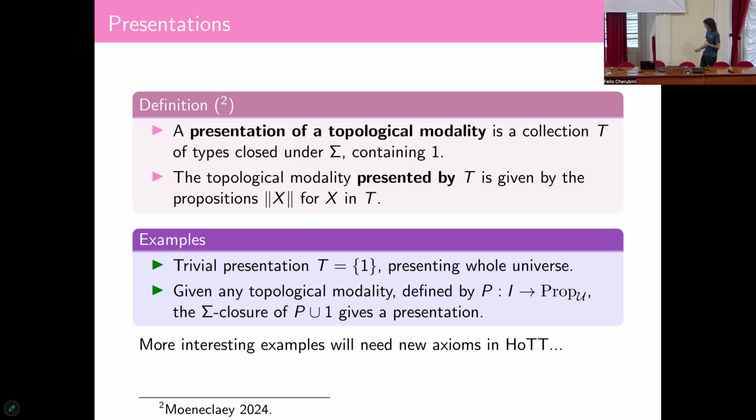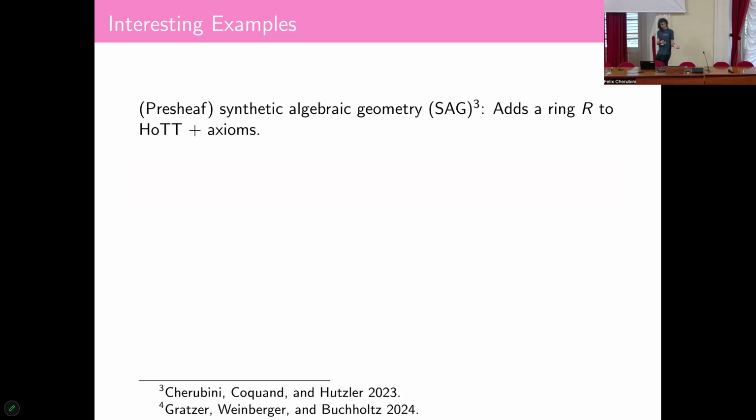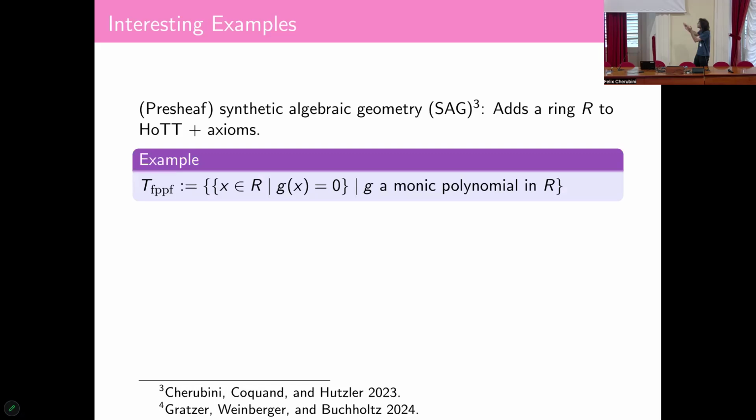Okay, the first example we've kind of seen already in synthetic algebraic geometry: a ring and some of the axioms that Ugo described. We can take a bunch of natural examples of these presentations. Last talk, we saw a slightly different one, but this is the collection of zero sets of monic polynomials.